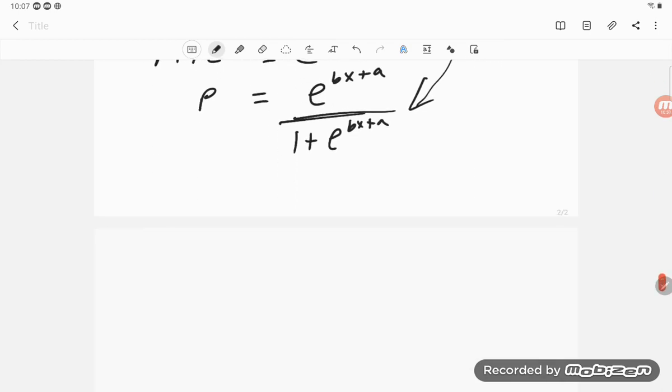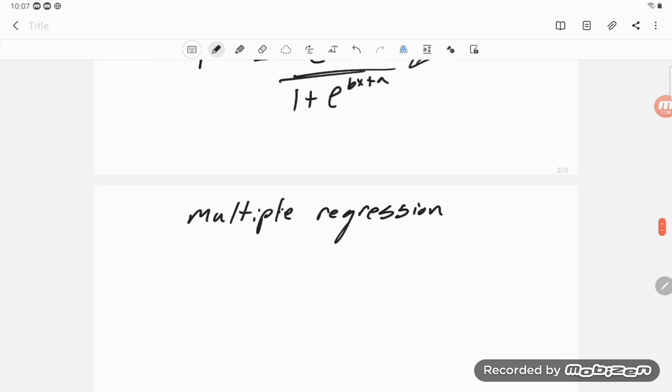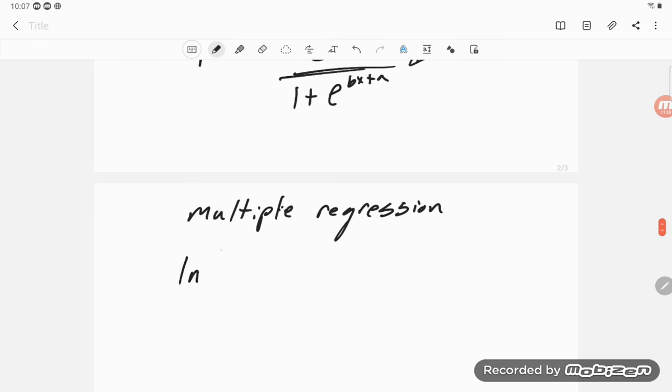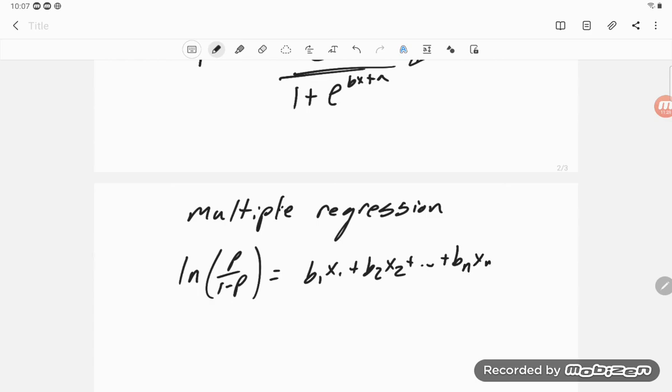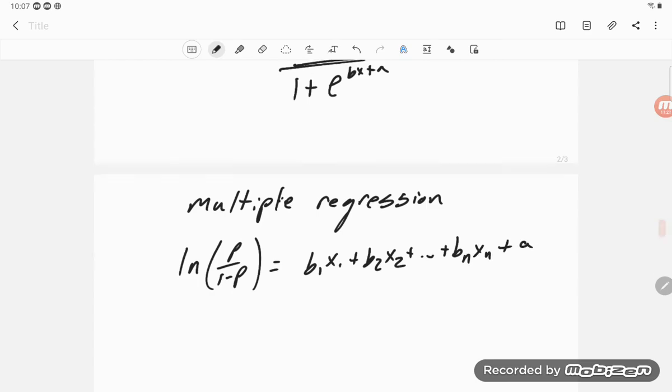Now, if it's multiple regression, then we just end up with the natural log of P over 1 minus P equal to b1x1 plus b2x2, all the way to bnxn, plus a.